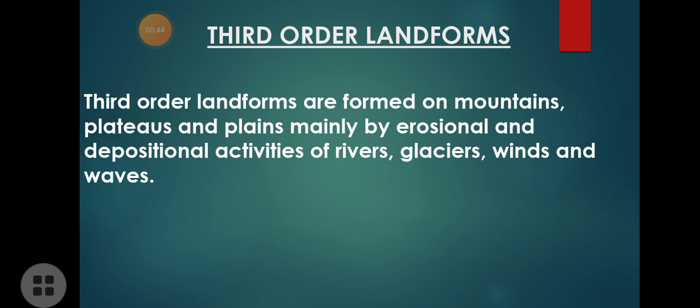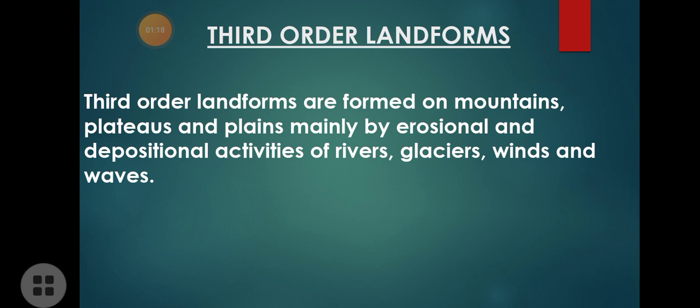So, what are the third order? The third order of landforms are formed on mountains, plateaus, and plains, mainly by erosional and depositional activities of rivers, glaciers, winds, and waves. So, what our statement says is the third orders are formed from the second orders. Second order is formed from the first order, isn't it?